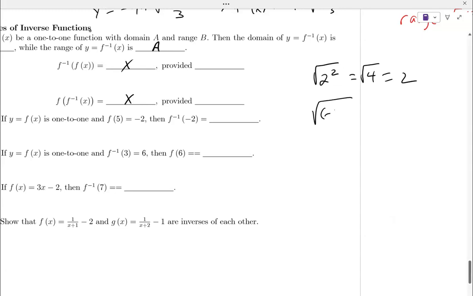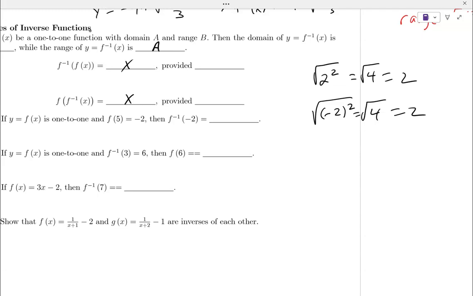But if I start with -2, did I get back to where I started? No. -2 wasn't in my domain restriction, right? I have to be careful. I've got to make sure that what I plug in is in my domain and in my range appropriately.